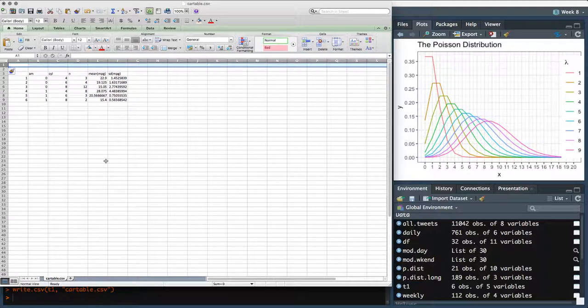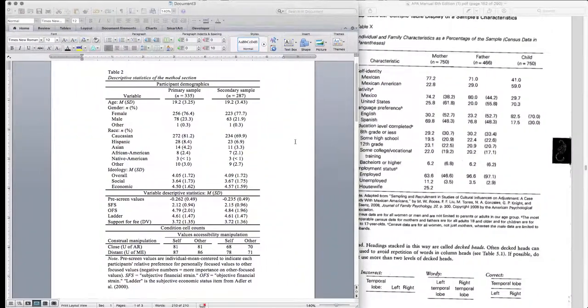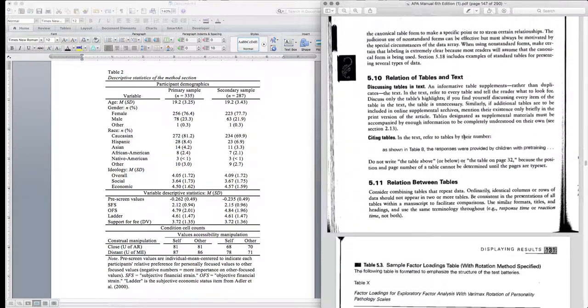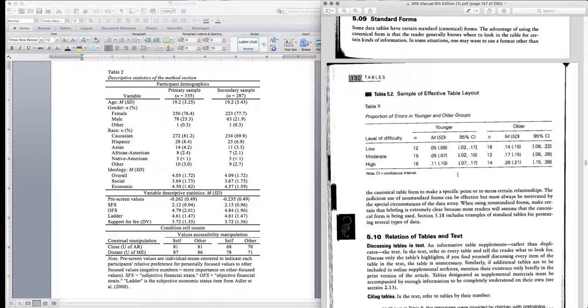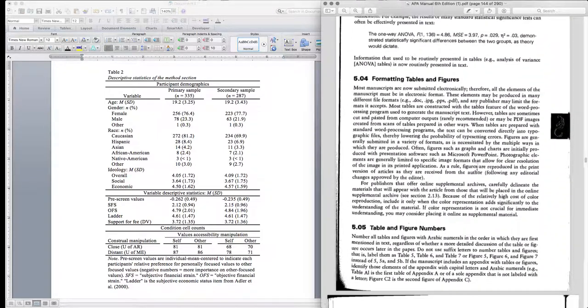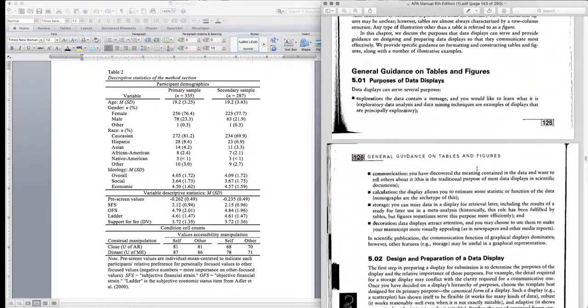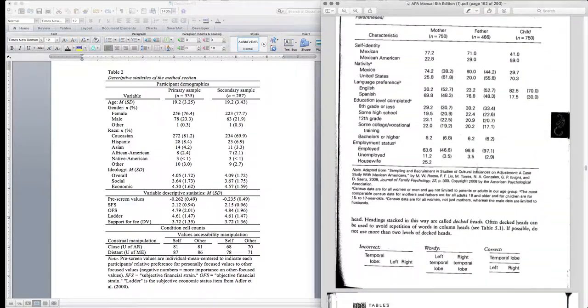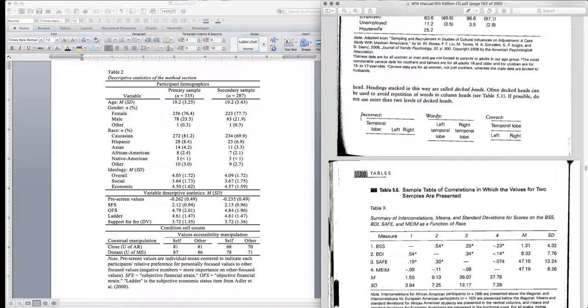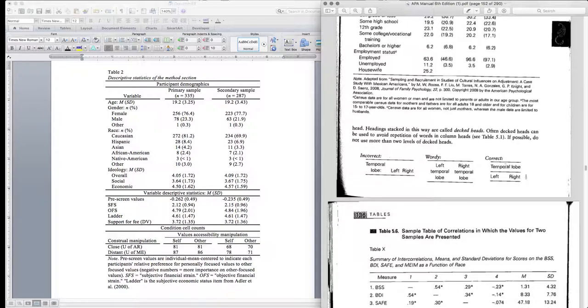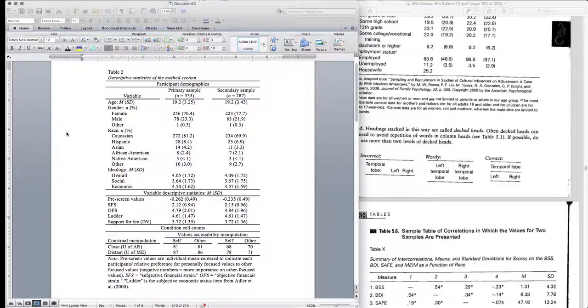Now, as far as tables themselves, first of all, if you haven't ever actually read the APA manual, I would really suggest at least reading through each of the sections fully. It has a lot of information about tables and how they all work and what you are and aren't supposed to do, especially when it comes to how you do your column spanners and all these column heads.